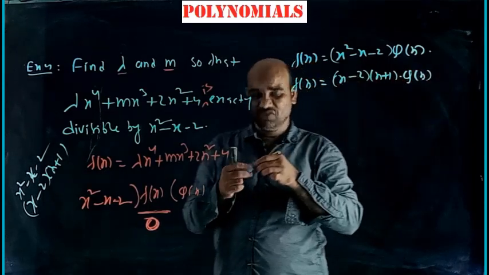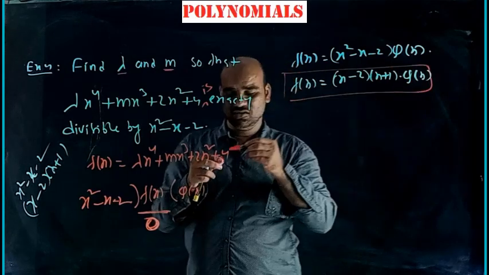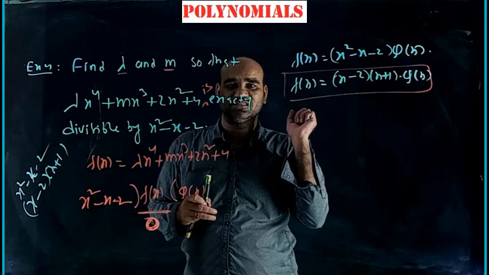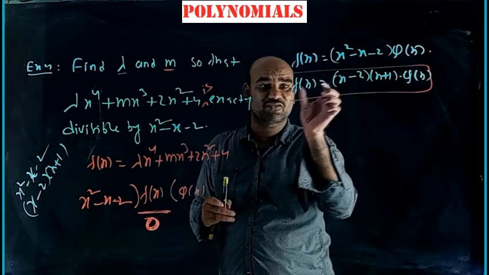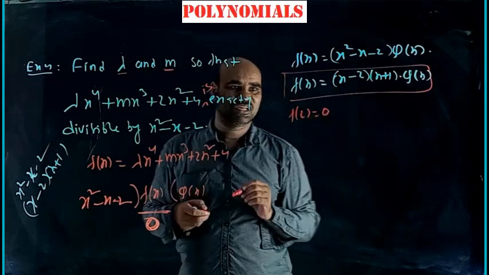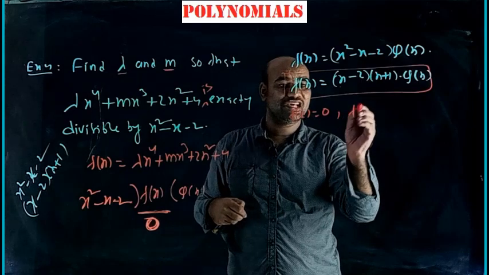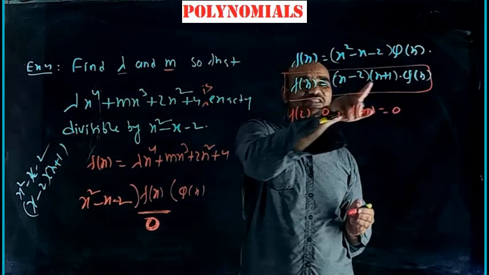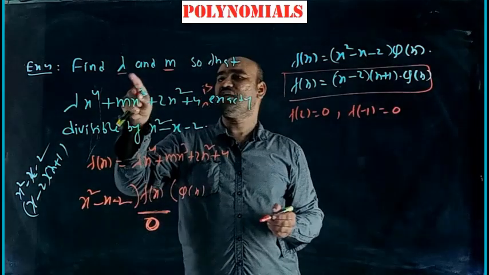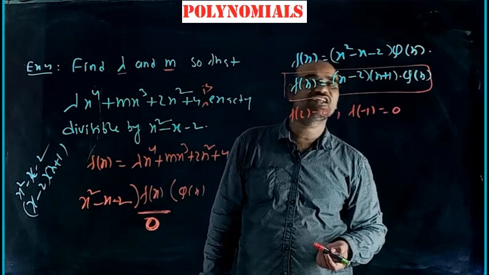So from this equation we can conclude x minus 2 is one of the factors of f of x. X minus 2 is one of the factors of f of x means what? Indirectly f of 2 equals 0. F of x divided by x minus 2, remainder 0 only. So indirectly f of minus 1 equals 0 because x plus 1 is another factor of f of x. So we want to find the lambda and m values under these two conditions, f of 2 equals 0 and f of minus 1 equals 0.